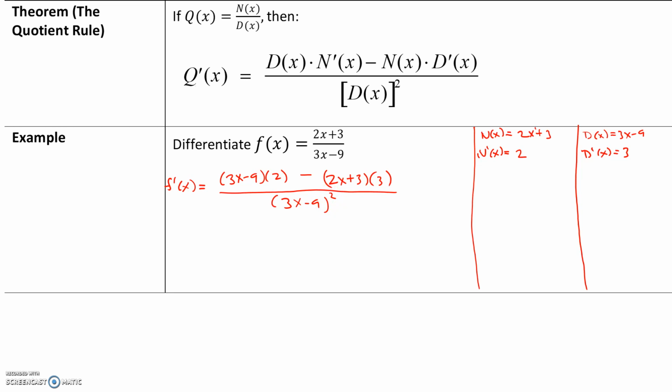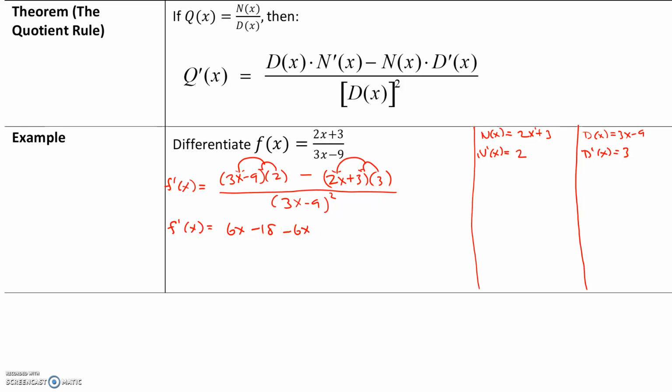We, of course, have to simplify our numerator. We have to distribute and combine like terms. So f prime of x, if you distribute this, this will give us a 6x minus 18. If you distribute this, we have 3 times 2x, which is 6x, but the negative sign makes this into a negative 6x.